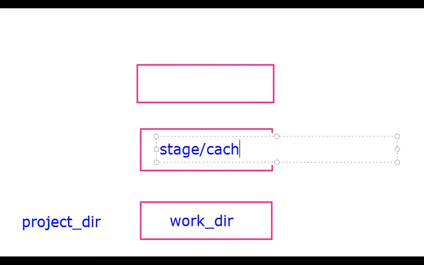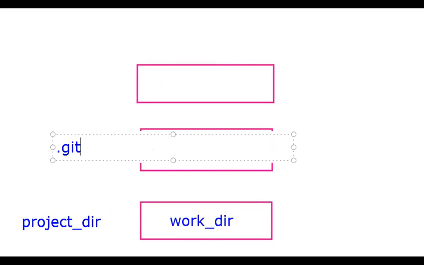Okay. So what is that? Currently it is a working directory, or we will say this is your project directory. Okay. So whenever you are going to work with Git, you should always be in the project directory. Now it has also created a structure called the stage or cache area, which is hidden inside the .git directory.